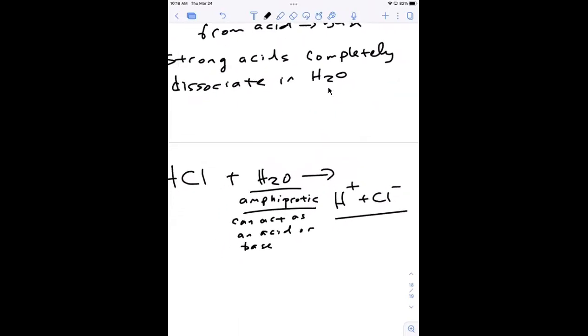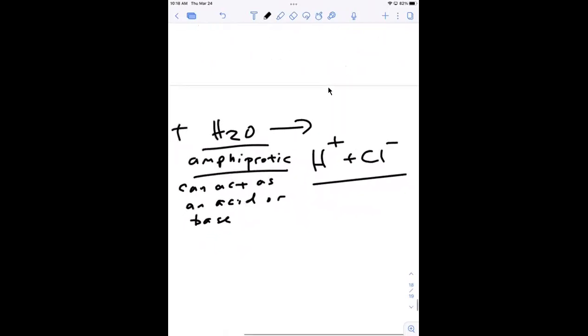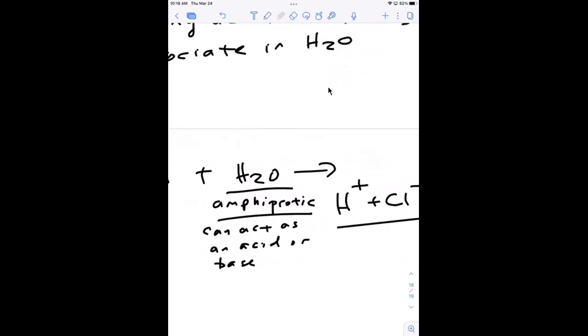In this case, it's acting as the base. So when this acid dissociates, what you end up with is this. And I'm gonna write this out instead of just writing H2O, because I want you to see what happens. So this is the structure for water. Got 2 lone pairs on oxygen.